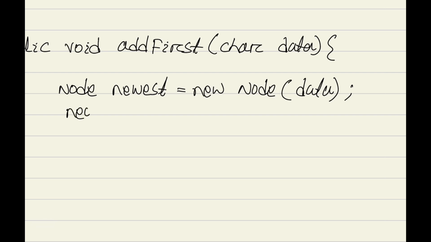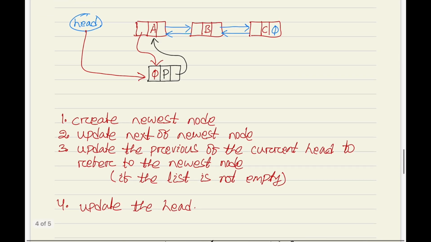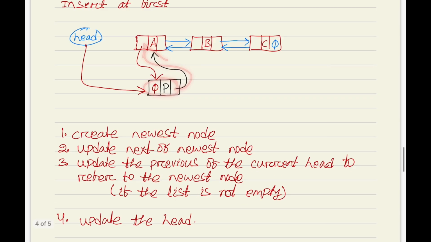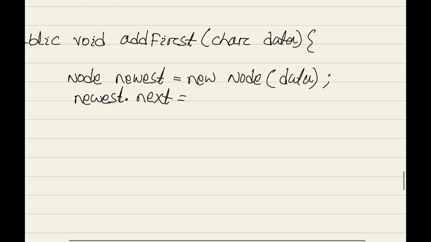So newest.next, the next of the newest node, is going to refer to the current head. So initially the head is going to refer to this one, so the next of this newly created node is going to refer to the head. So this thing we want to write, newest.next = head.